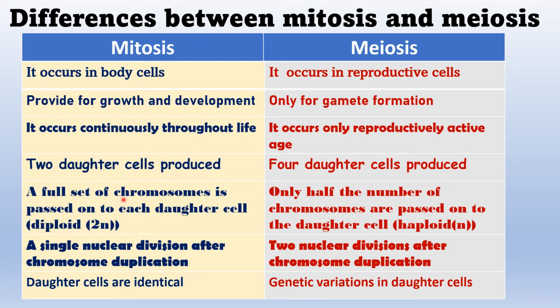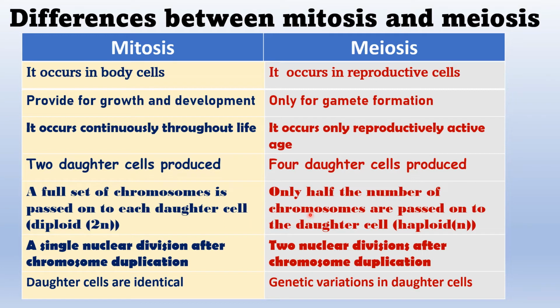A full set of chromosomes is passed on to each daughter cell in the case of mitosis, that is diploid in nature. That means parent cell and daughter cells have same number of chromosomes. Both are diploid in nature.